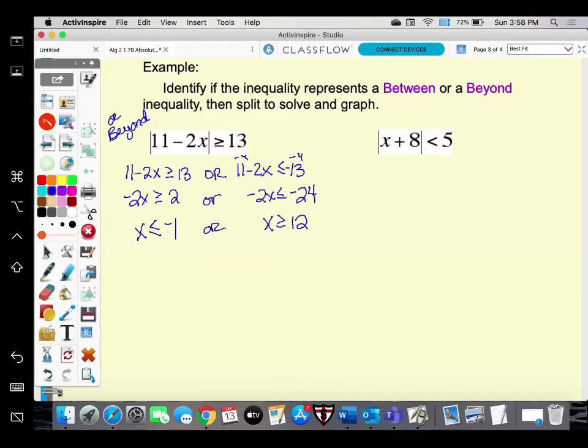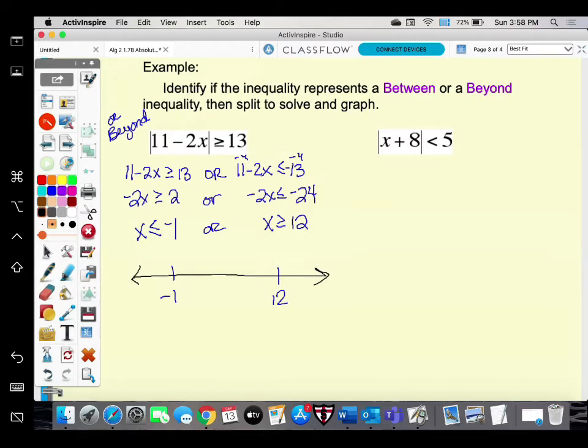So a graph of that, remember how we graph our inequalities on a number line. I need a negative 1 over here and a 12. And graphing above is such an easy way to see it.